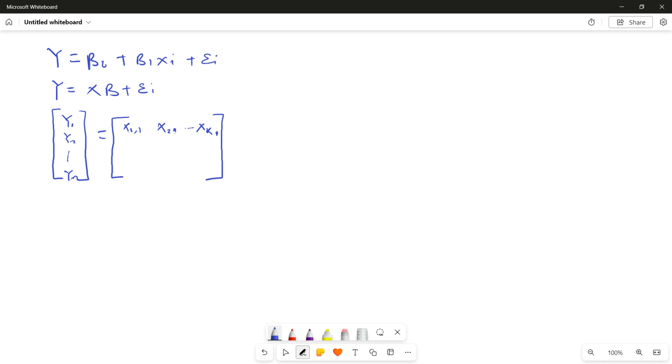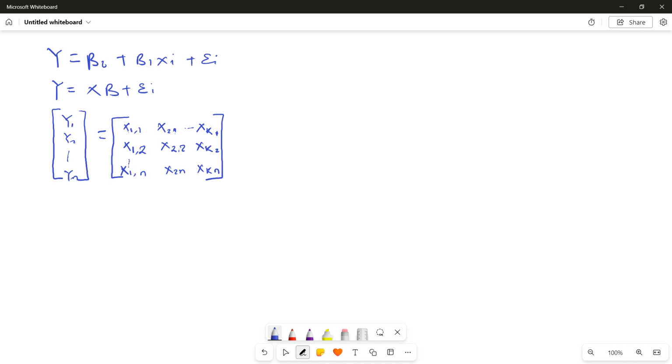Then again we have x1 for observation number 2, x2 for observation number 2, and xk for observation number 2. This goes on until we have all the x values: x1 for n, x2 for n, up to xk for n.